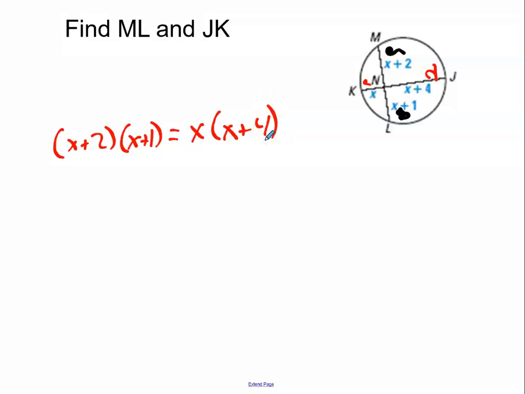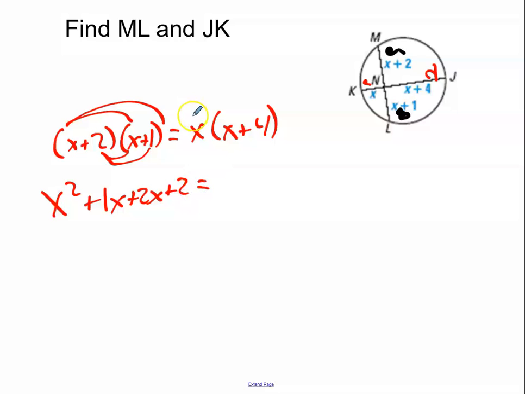And then we are going to have to distribute or FOIL: x squared plus 1x, and then go inside to the 2 times x, that's 2x, and 2 times 1 is 2. Then we just need to distribute this x through, x squared plus 4x. Now we've got our equation all set up, we just have to solve.